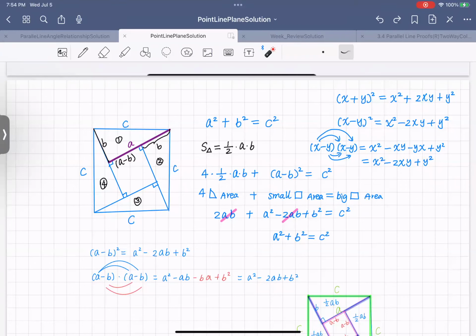So after drawing this, I want you to mark the outside to be C. This is the short one, which is B. So the right triangle has two legs. The short leg is B, the long leg is A. The longest side, which is the hypotenuse, is C.